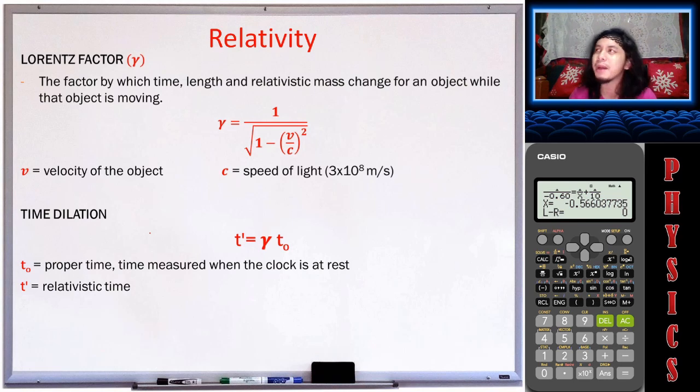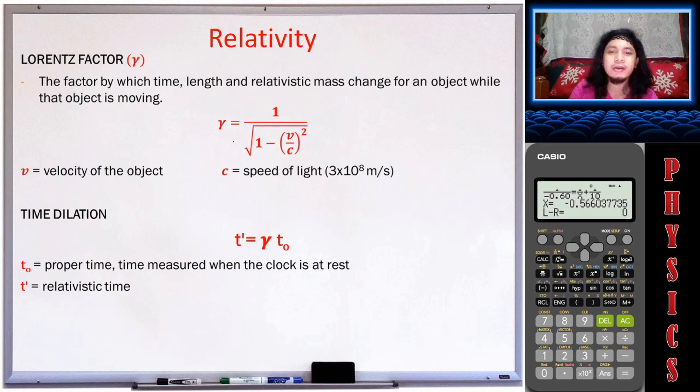Ibig sabihin pala, kapag gumagalaw ang isang object at a fraction of speed of light, may factor po tayong makukuha kung saan kaya niyang baguhin yung time, yung length, at yung relativistic mass ng isang object. Anong ibig sabihin niya? Nakakalito, di ba? Yes, nagbabago pala yung time, yung mass, at saka yung length ng isang object kapag siya ay gumagalaw at fraction of speed of light. At ito yung tinatawag nating Lorentz factor.